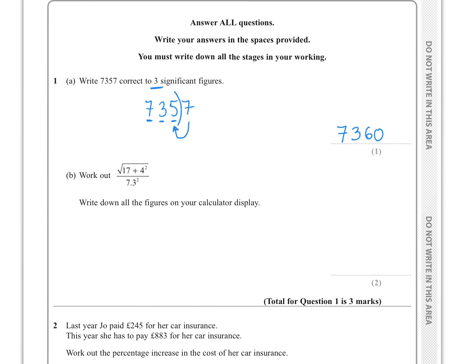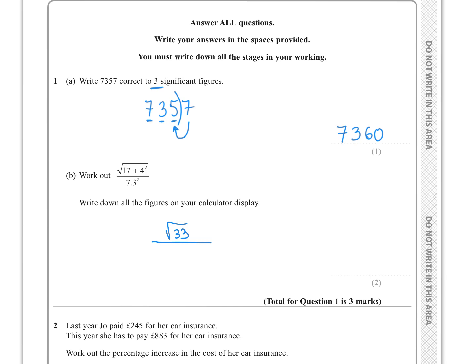For part B, I'm going to do the numerator first. So I'm going to write square root, open bracket, 17 plus 4 squared, close the bracket, and that gives me root 33.